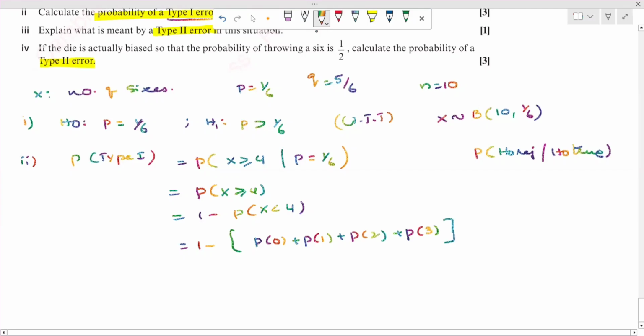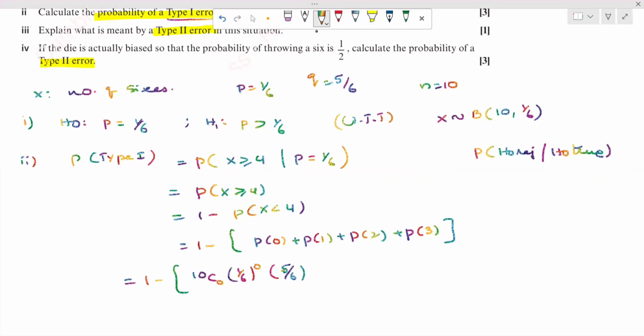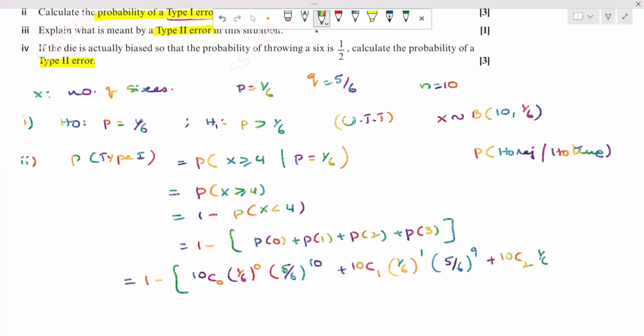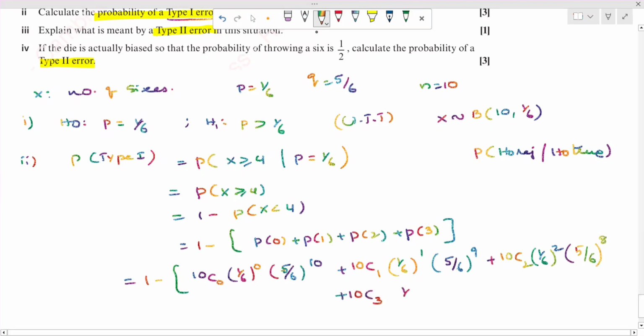Now we use the binomial concept over here. N is equal to 10, 10C0, 1 by 6 to the power of 0, 5 by 6 to the power of 10, plus 10C1, 1 by 6 to the power of 1, 5 by 6 to the power of 10 minus 1 is 9, plus 10C2, 1 by 6 to the power of 2, 5 by 6 to the power of 10 minus 2 is 8, plus 10C3, 1 by 6 to the power of 3 and 5 by 6 to the power of 7.